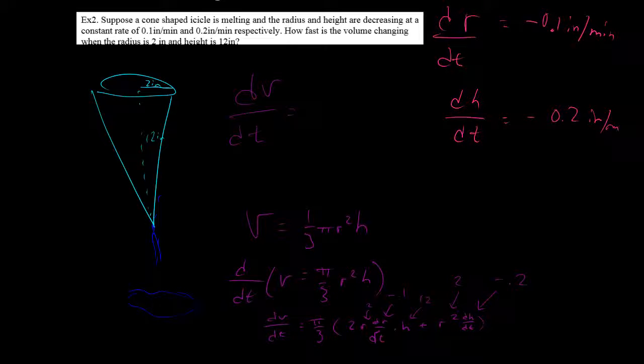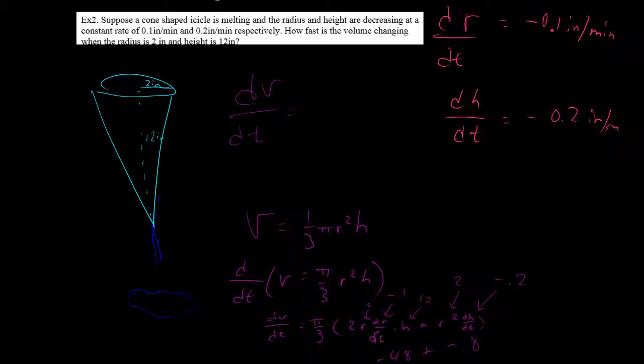So we plug that all into our calculator, and we're going to get negative 4.8. So this is negative 4.8 plus 2 squared, which is 4, times this, which is negative 0.8, all times pi thirds.